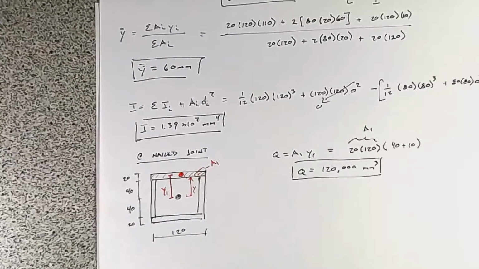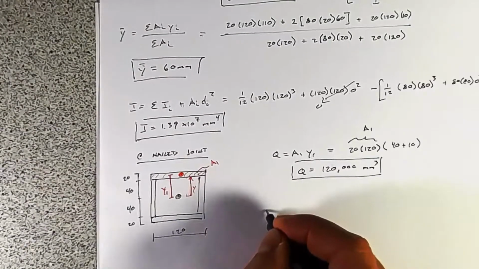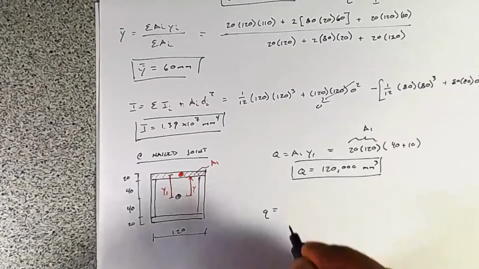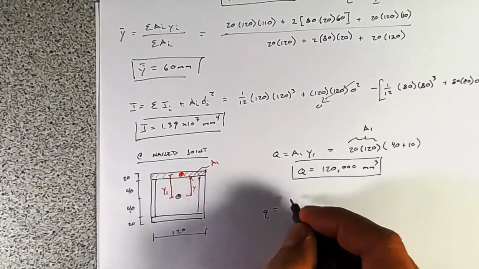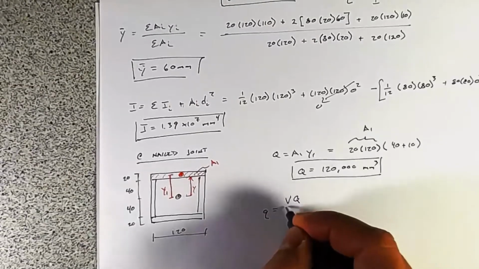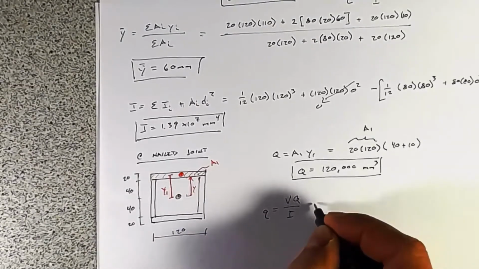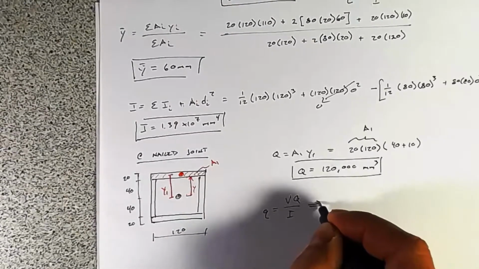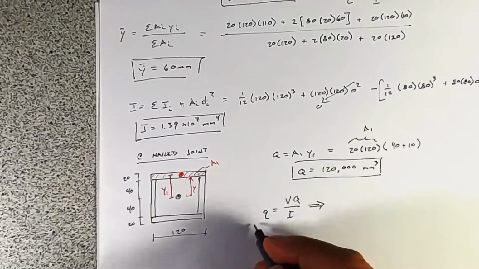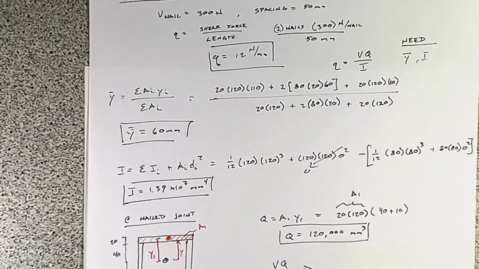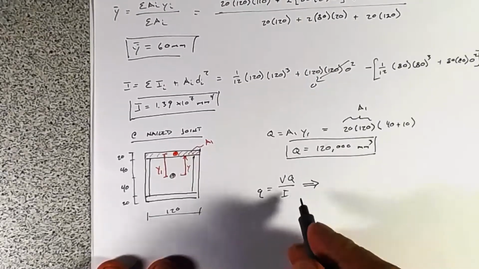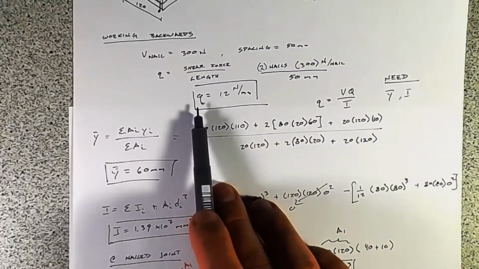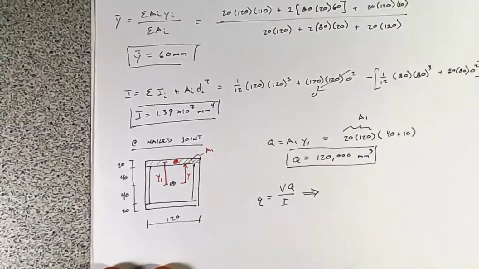So now we have all of the pieces to find our applied shear force if each nail can take 300 newtons. So shear flow, little q, equals V times big Q over I. Let's plug in all of these pieces that we have. We saw up here that our shear flow was 12 newtons per millimeter.